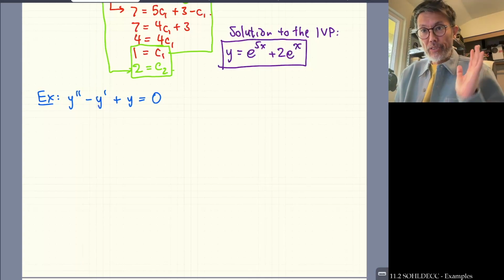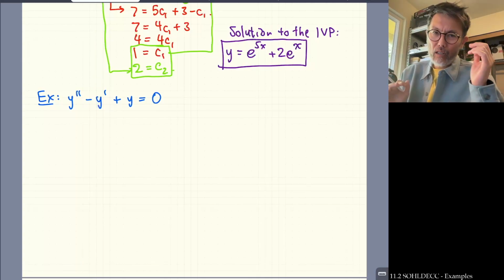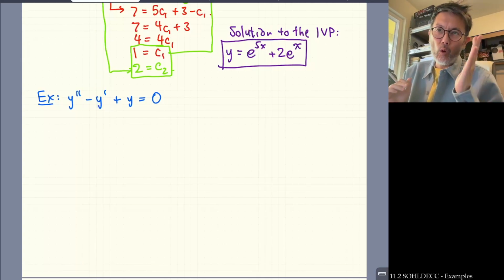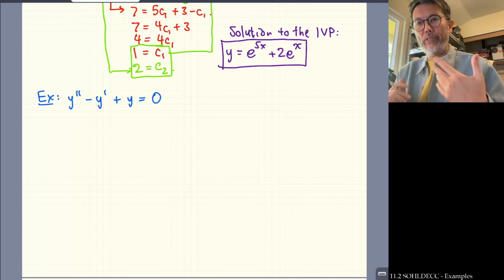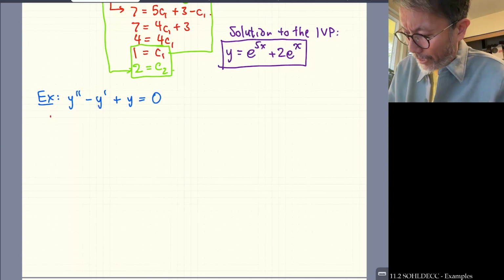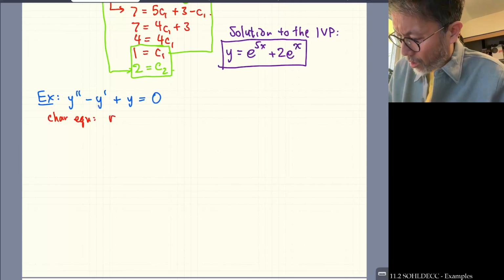Okay, so this is a second order homogeneous linear differential equation with constant coefficients, okay? We can immediately write down what's called the characteristic equation, so let's do that. The characteristic equation in this case is r squared minus r plus 1.